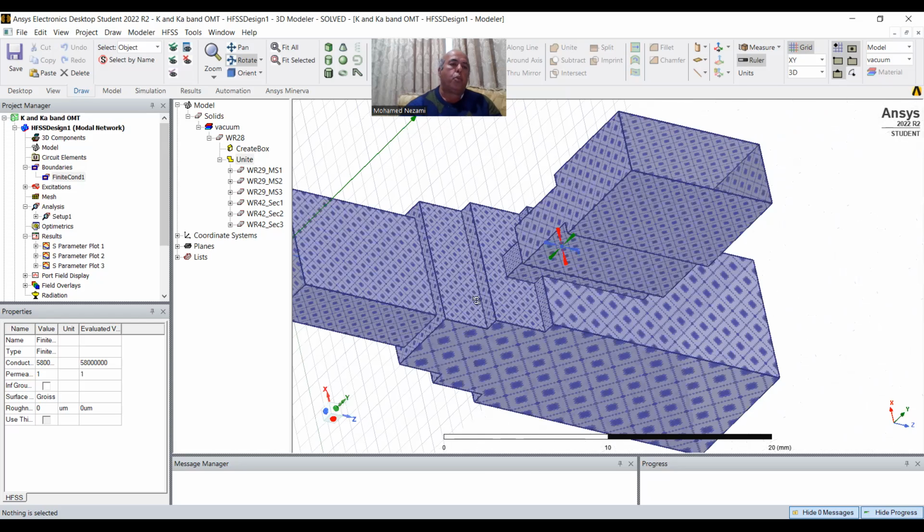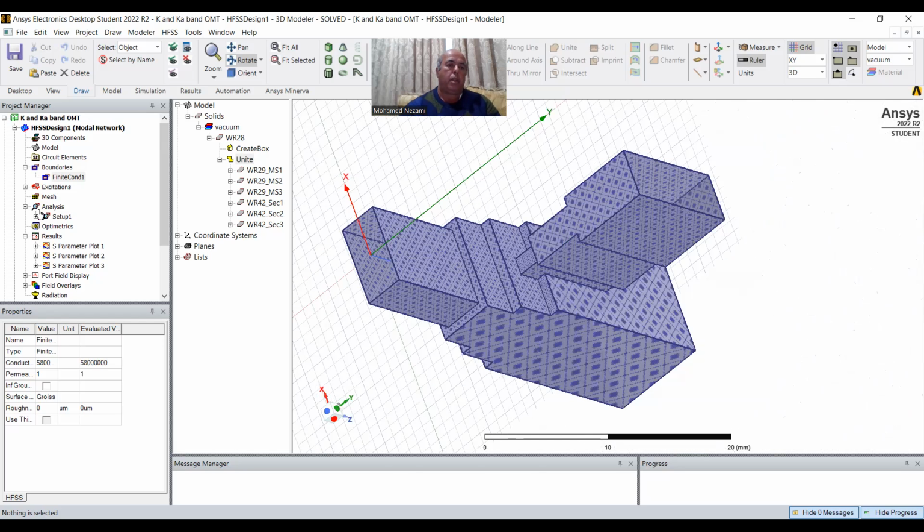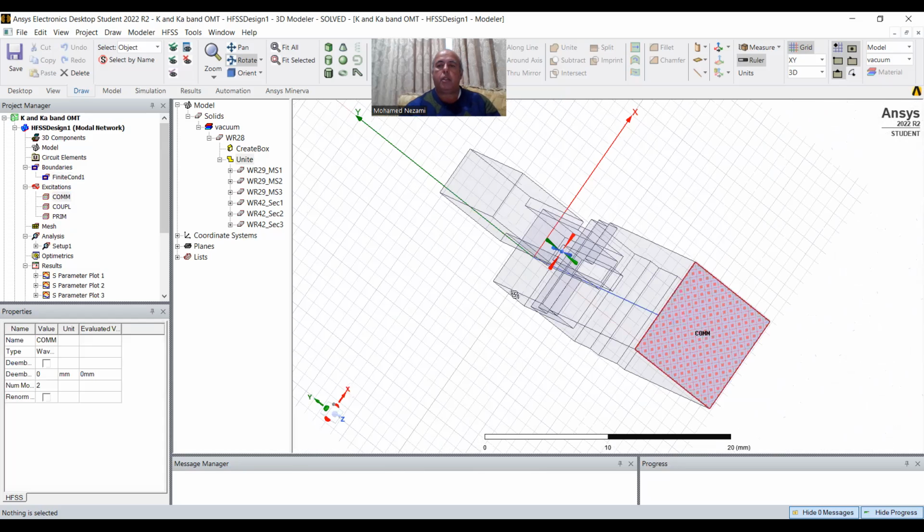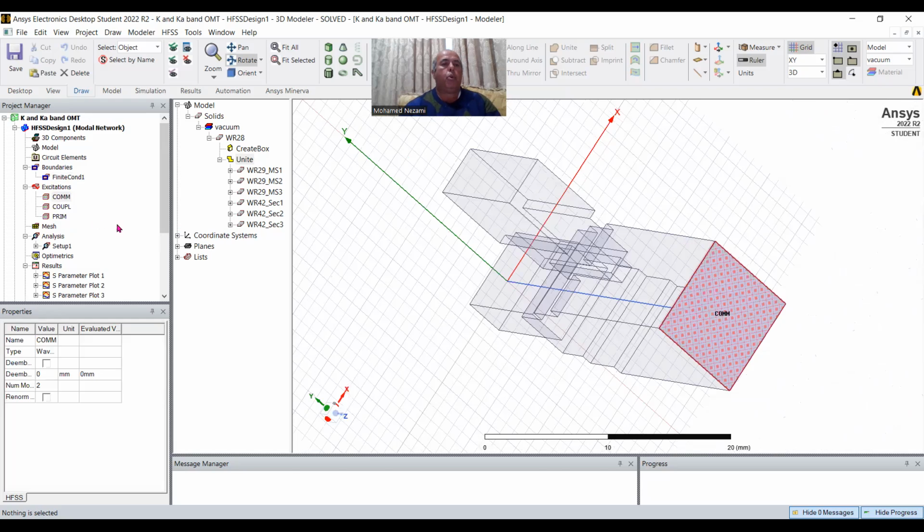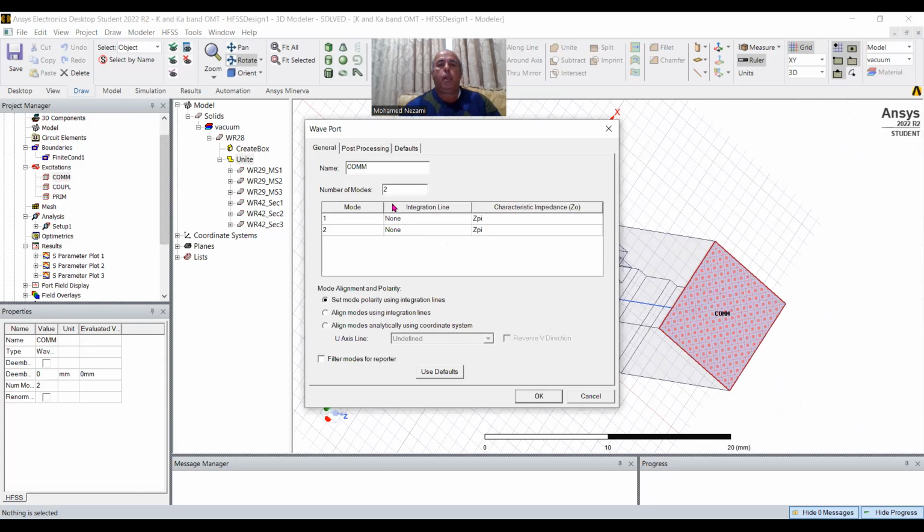And what I did now, of course, is you excite it carefully. Now, what you need to excite it, the common port, you come in here, this port here, which has both vertical and horizontal. This one here, you need to do two modes of exciting, okay?